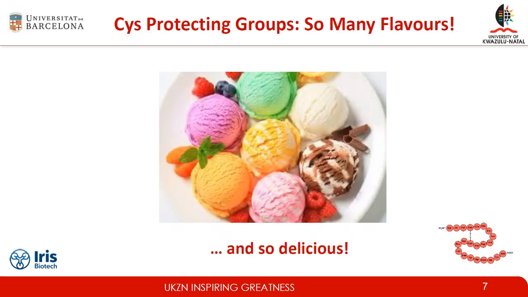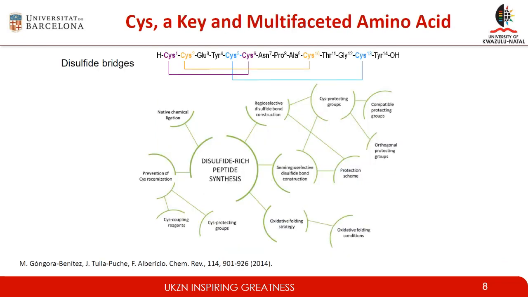Cysteine, as Marcus highlighted, has so many flavors of protecting groups, but I have to share with you that they are also so delicious, all these different flavors of the cysteine protecting groups. A little bit, I will repeat one of the slides of Marcus. This is the world of cysteine.